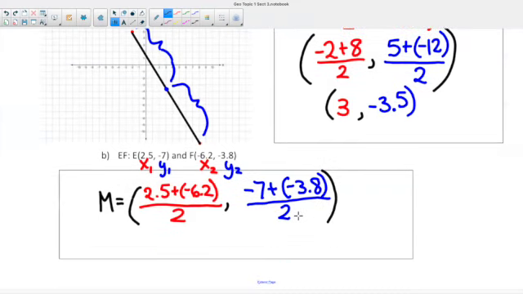Figure these out with your calculator. So 2.5 plus negative 6.2 is negative 3.7 divided by 2. And negative 7 plus negative 3.8 is negative 10.8.